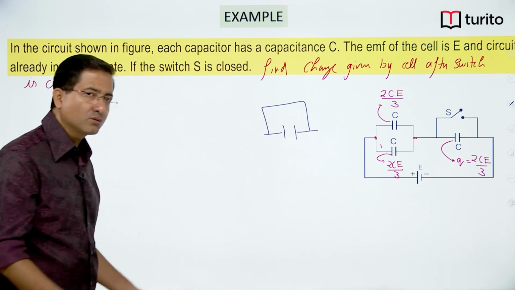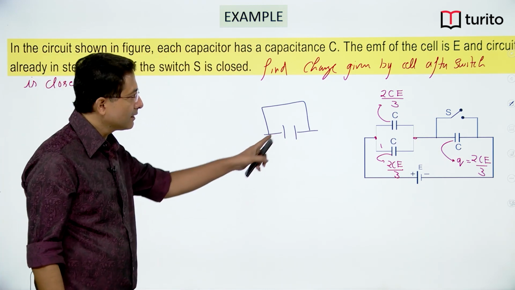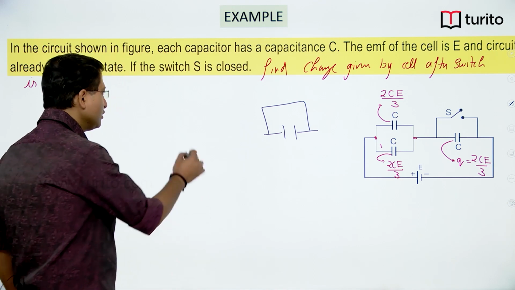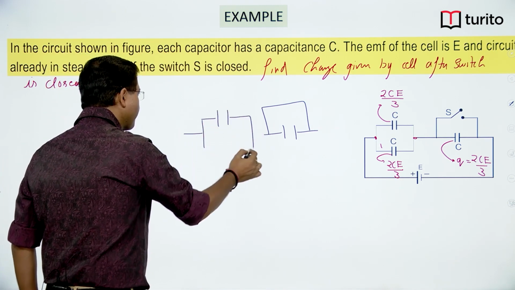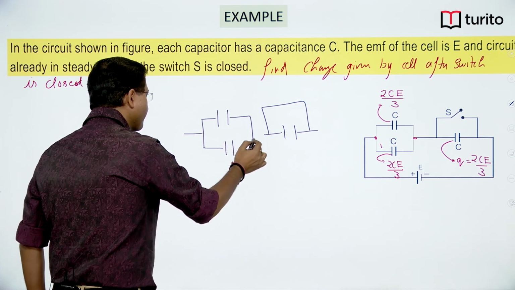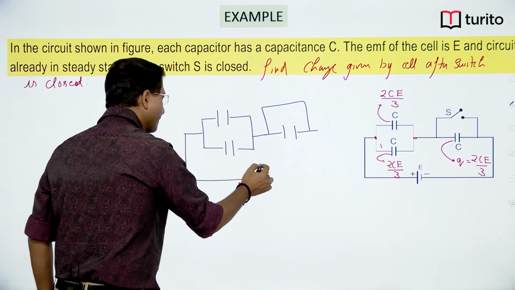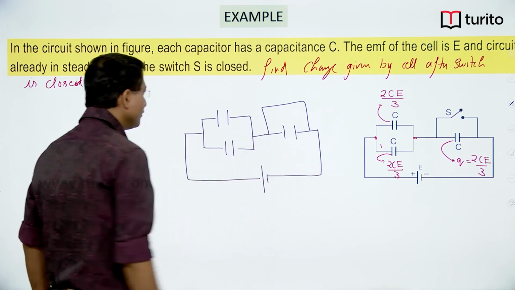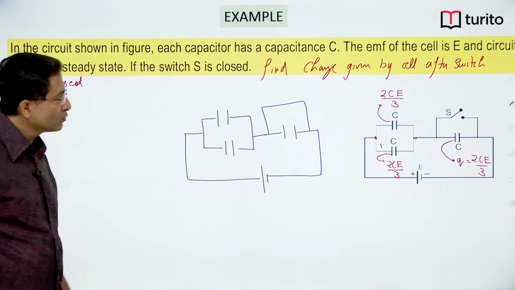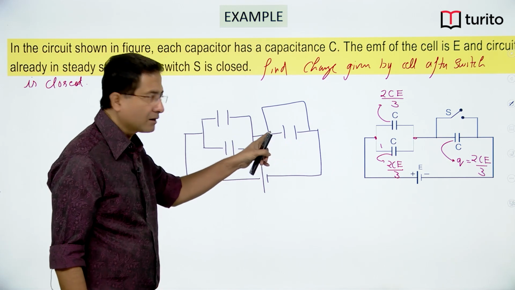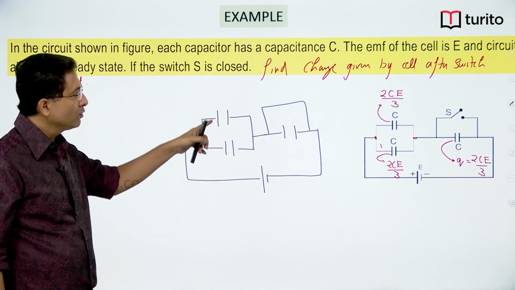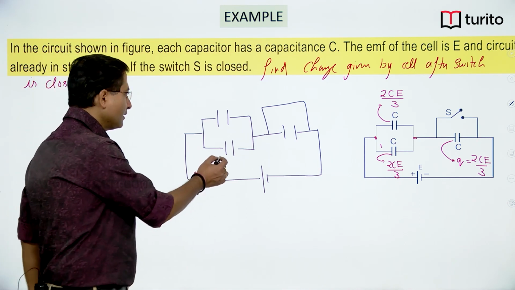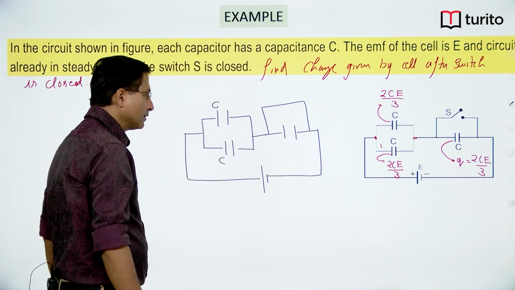Now, there is no use of this capacitor in the circuit, right. These two capacitors will be there in the circuit. So, as there is no role of this capacitor now, the circuit capacitance got changed to 2C, this one is C and this one is C.